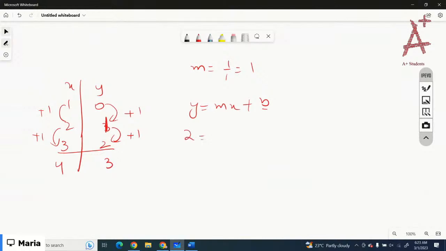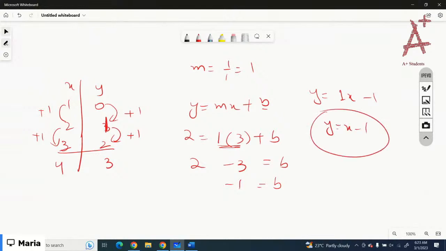Y is 2, m is 1, x is 3, plus b. So b equals 2 minus 3. B equals minus 1. So the equation is y equals 1x and b is negative 1. It would be y equals x minus 1. Got it? The equation is y equals x minus 1.